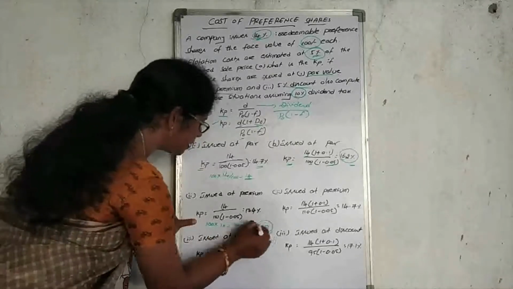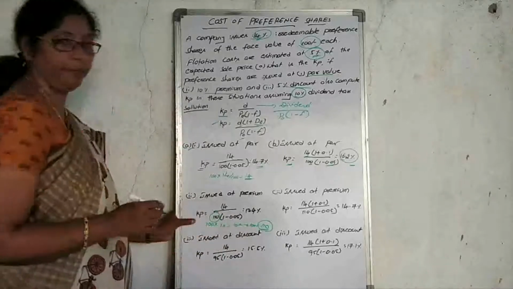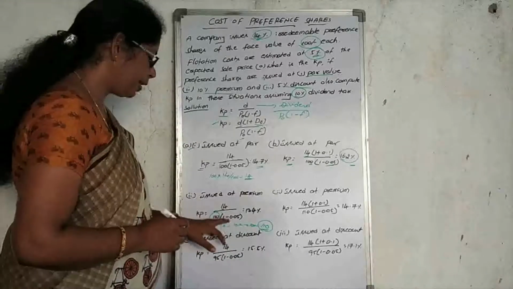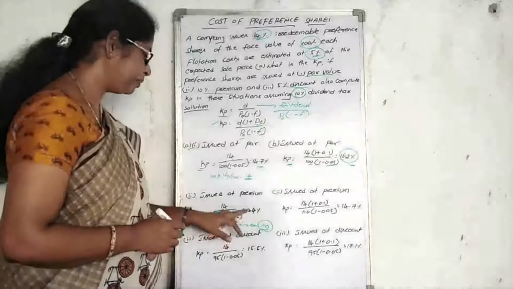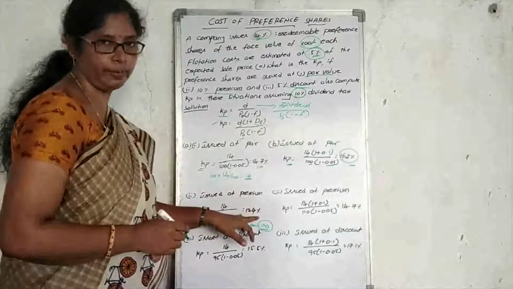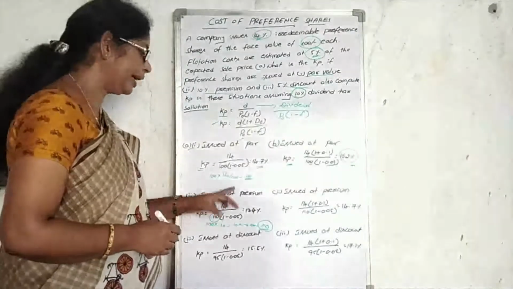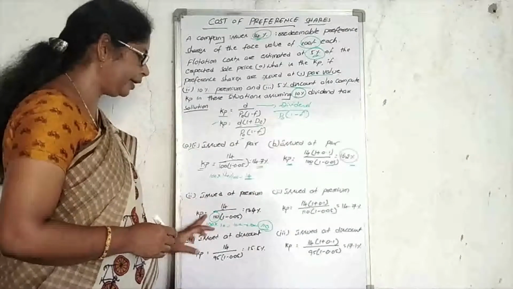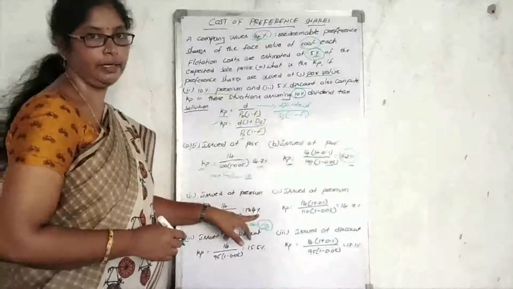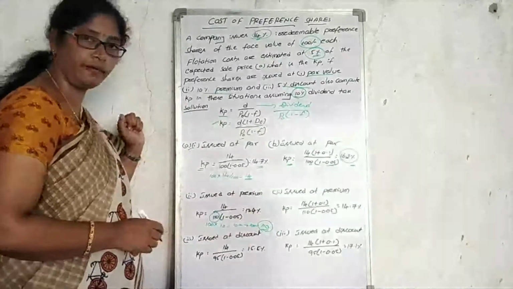So 110 rupees is the issue value here. 110 into 1 minus 0.05, that equals 13.4%. So when preference share capital is issued at premium, the cost of preference is 13.4%.